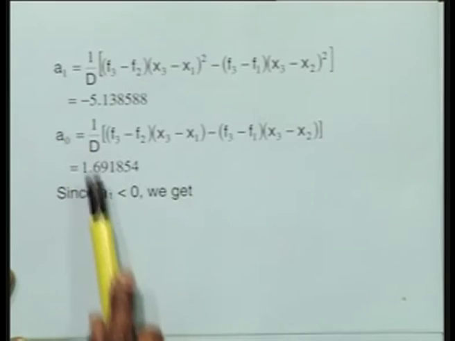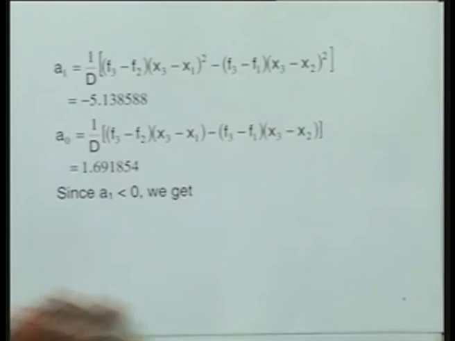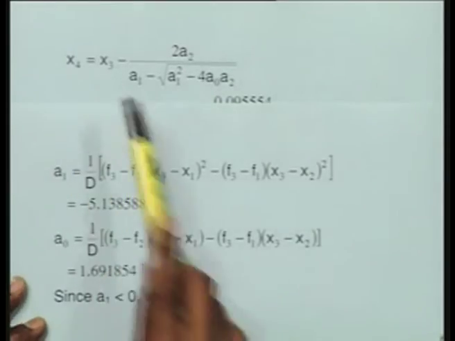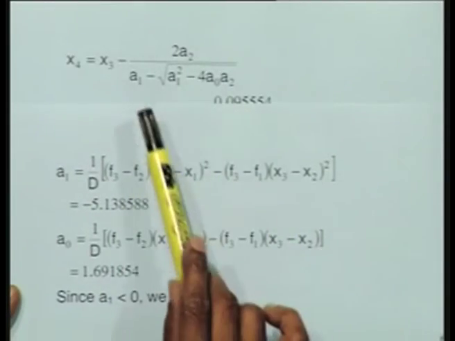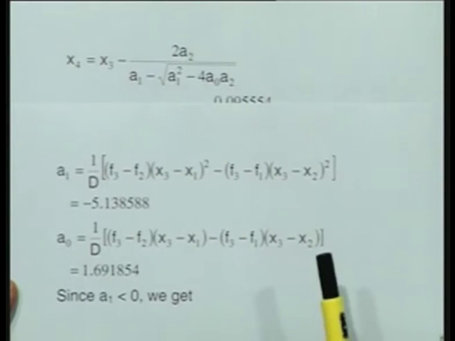Again I find a1 is negative, therefore I will have to take in the denominator the negative sign, so that the change in xk, the current value x3, is smaller. So I would therefore write x4 as x3 minus twice a2, divided by a1 minus under root of a1 square minus 4 a naught a2.